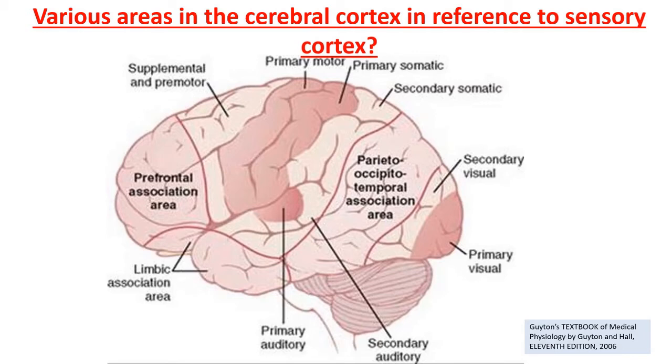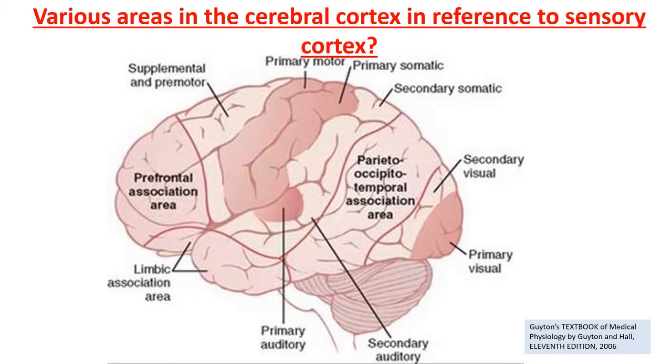On the top of this, the secondary somatic area. Here in the angle, just above the primary auditory area, you have S2, just above the sylvian or lateral sulcus, where it is ascending up. In that corner you have S2.